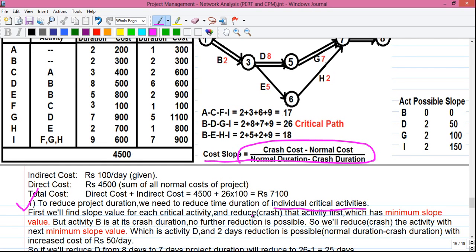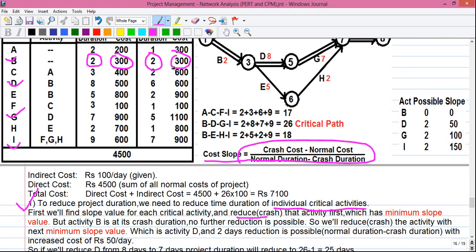and reduce or crash that activity first which has the minimum slope value. So first let us find out the slope value for our 4 critical activities B, D, G and I. So for B, the slope value is given by crash cost, that is 300, minus the normal cost, that is again 300, divided by the normal duration, that is 2, minus the crash duration, that is again 2.